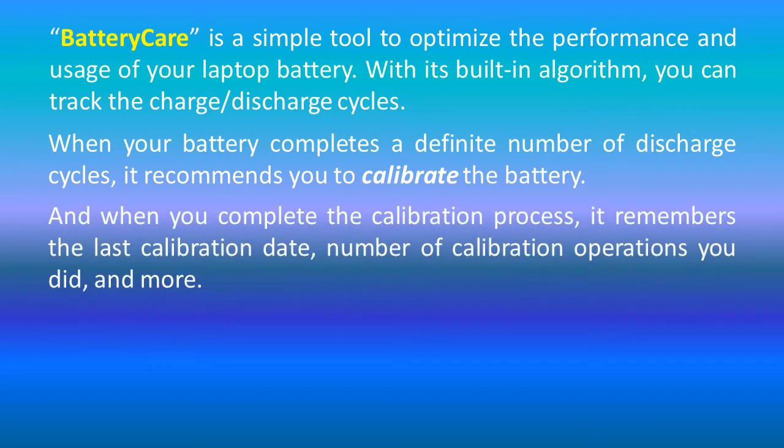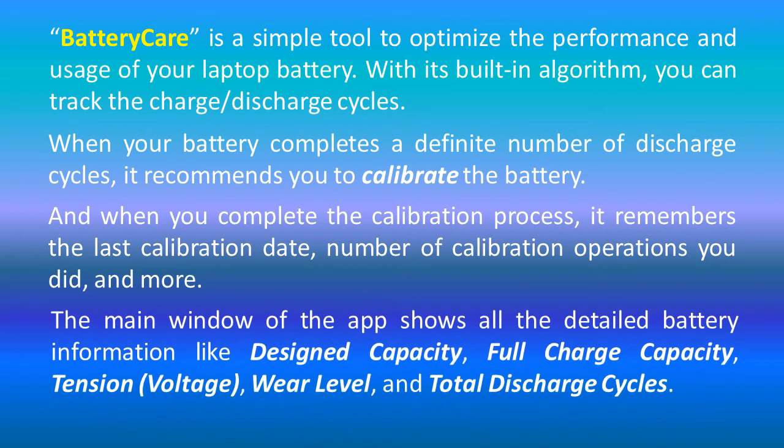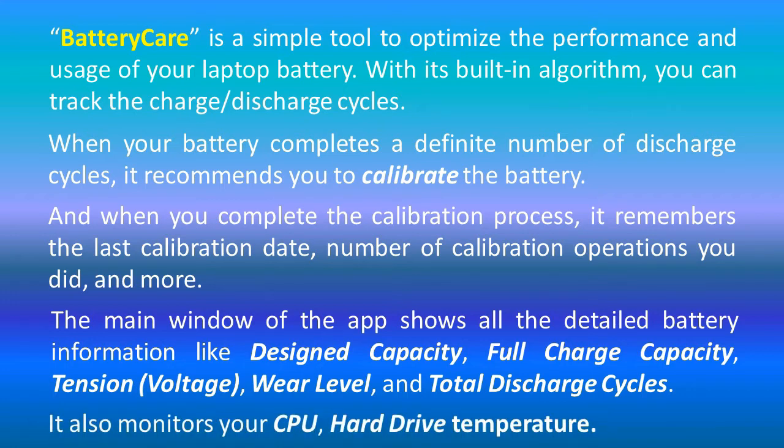And when you complete the calibration process, it remembers the last calibration date, number of calibration operations you did, and more. The main window of the app shows all the detailed battery information like design capacity, full charge capacity, tension or voltage, wear level, and total discharge cycles. It also monitors your CPU and hard drive temperature.